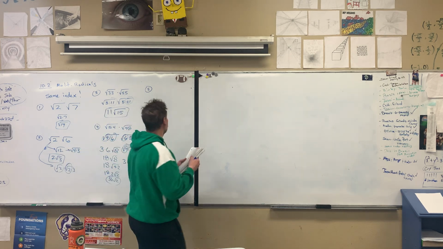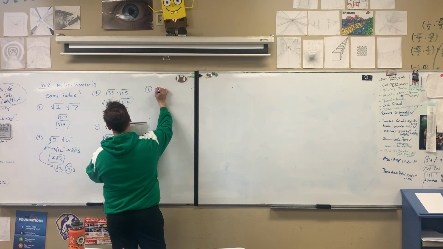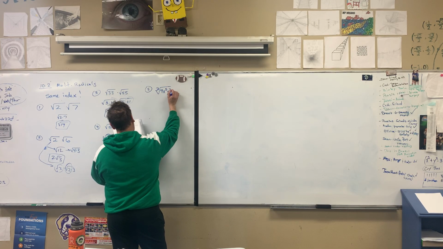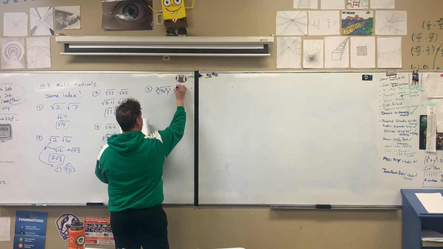Okay, let's throw in here what happens when we have a variable expression. Let's just do one more here. Cube root of 4x to the 5th, y to the 7th. Now, if it's a cube root, what does it have to be multiplied together by?